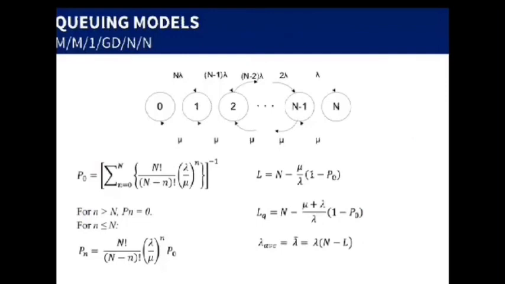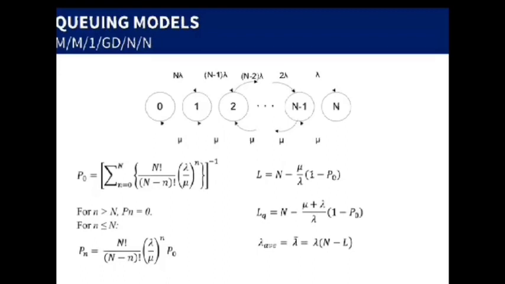The next queuing models involve systems with finite calling population. One peculiarity of this model is related to lambda. Lambda in this queuing model represents the arrival rate of individual customers, whereas in the previous models, lambda is the aggregated arrival rate of all customers.